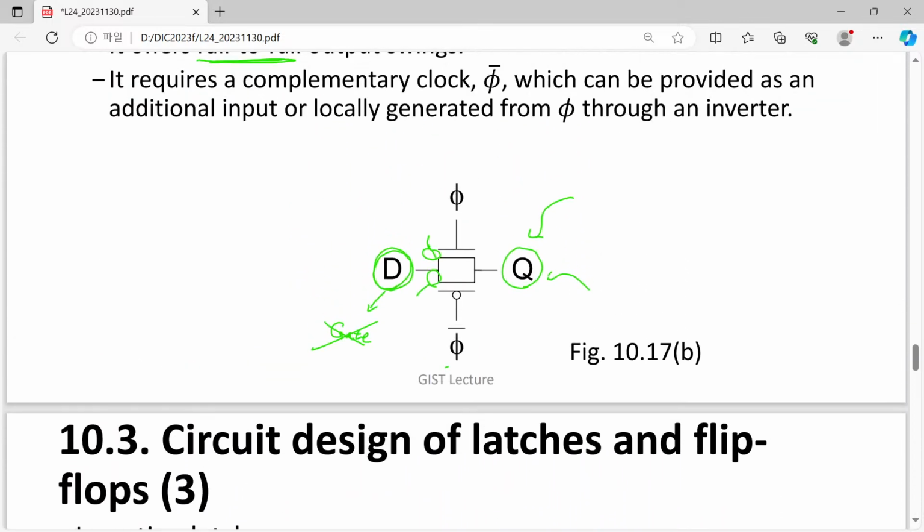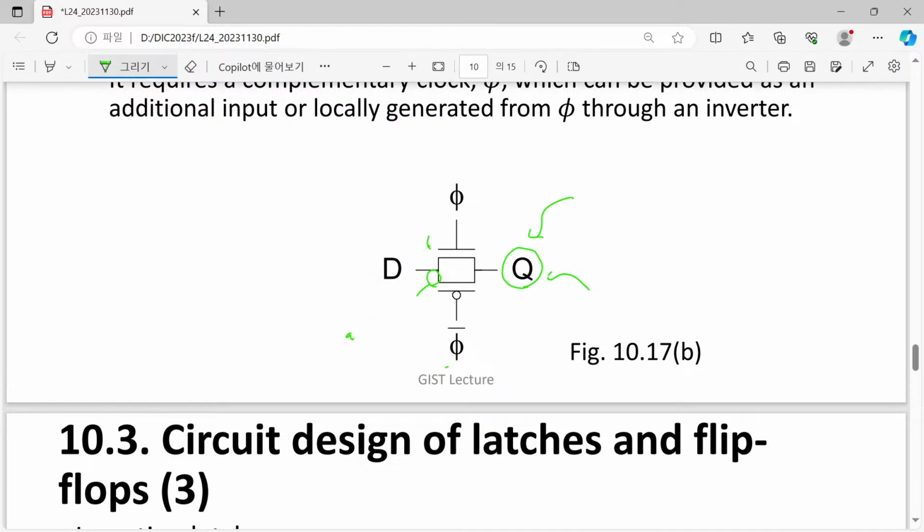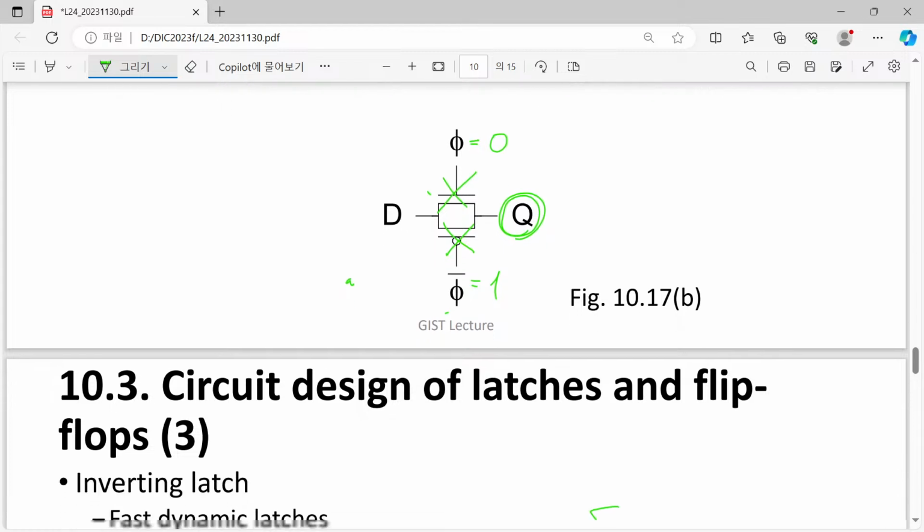Think about this one. Even in the case of this transmission gate, if we apply zero clock, then it becomes just a vacuum. If we apply 0 and 1, even our NMOSFET and PMOSFET are turned off and Q is just floating. This problem is never solved by the introduction of a transmission gate.